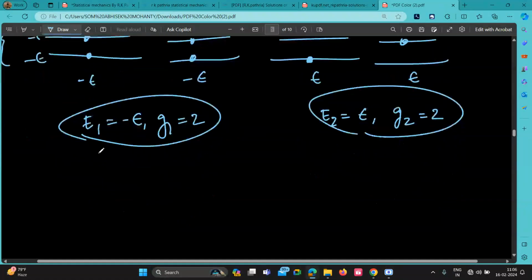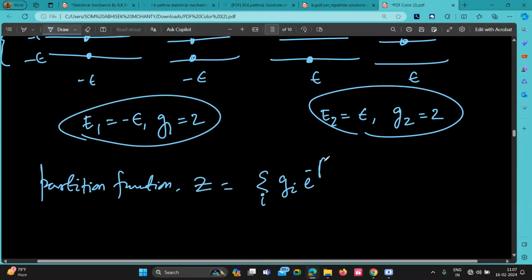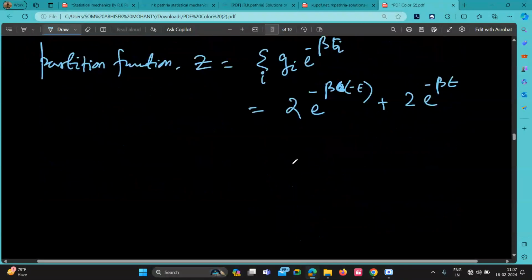So again, the partition function is very easy. Z is equal to summation g_i e to the power minus beta E_n, which is 2 e to the power minus beta times minus epsilon plus 2 e to the power minus beta epsilon, that is 2 e to the power beta epsilon plus 2 e to the power minus beta epsilon.